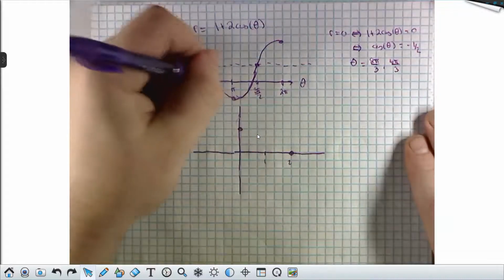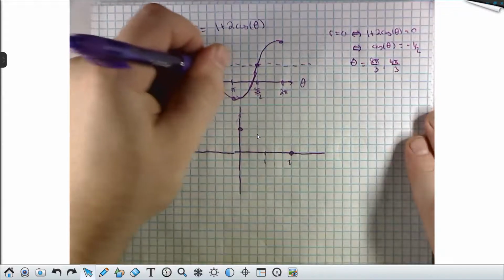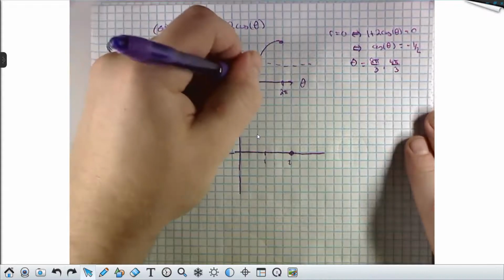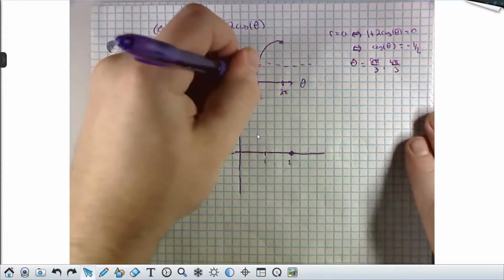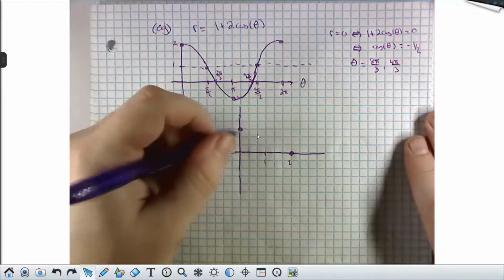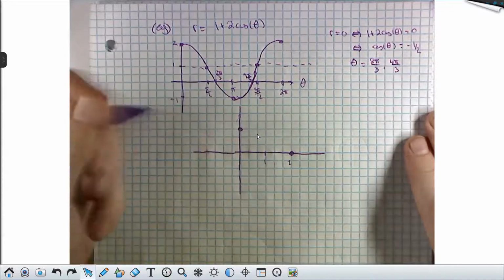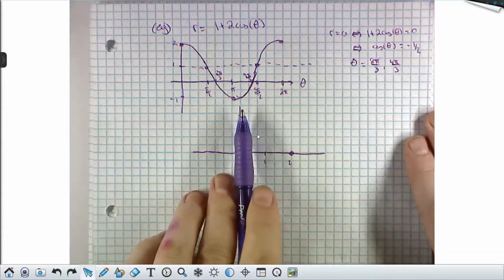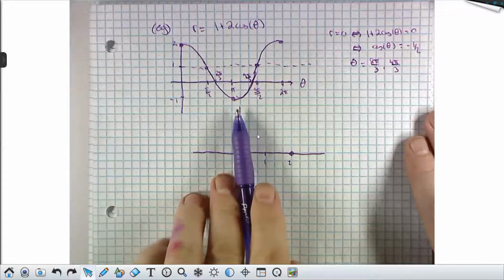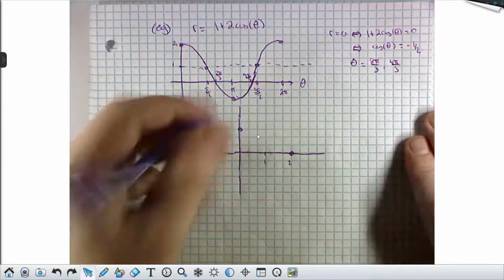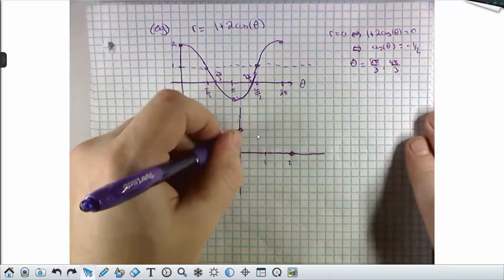So that's these two values. This is 2 pi over 3, and this is 4 pi over 3. So at 2 pi over 3, this thing comes back into the origin. So as we rotate past pi over 2 towards 2 pi over 3, my little guy is running in.